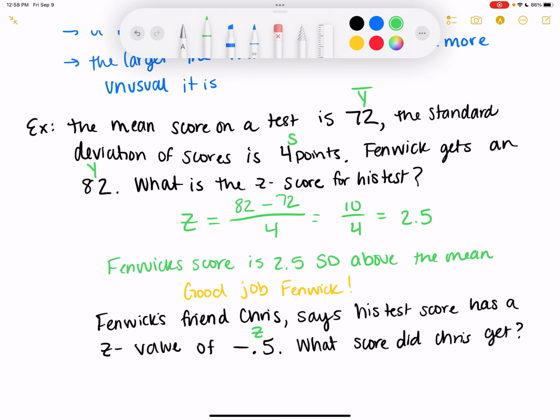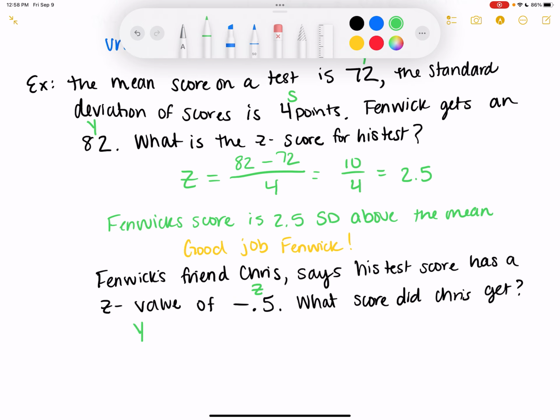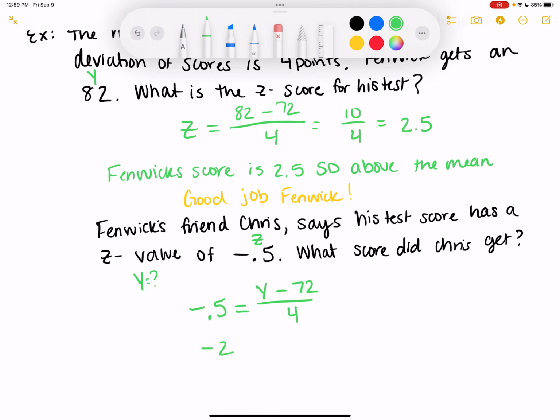So now we're trying to find y. So I set it up the same way: z is minus 0.5 equals y minus 72 over 4. And then we just need to solve that. Multiply by 4, and that gives you negative 2 equals y minus 72. And then add the 72, so y equals 70.